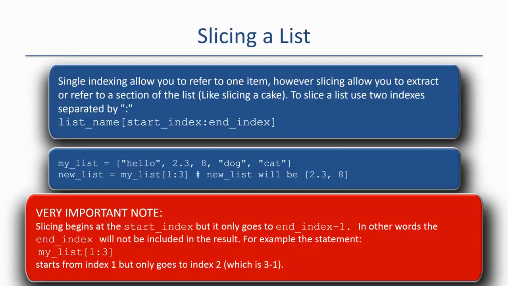In other words, the end index will not be included in the result. For example, when you write this statement, myList[1:3], the index starts from 1 and only goes to 2 because 3 itself is not included.